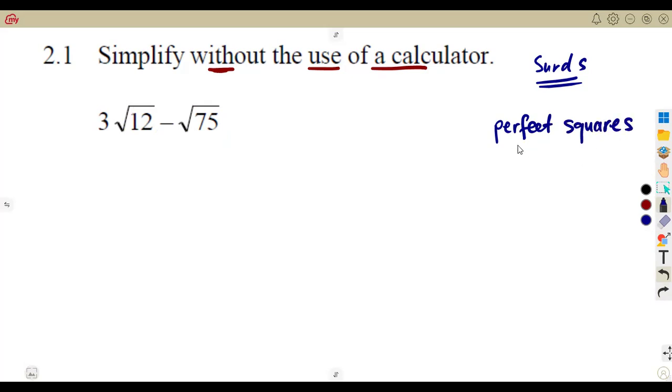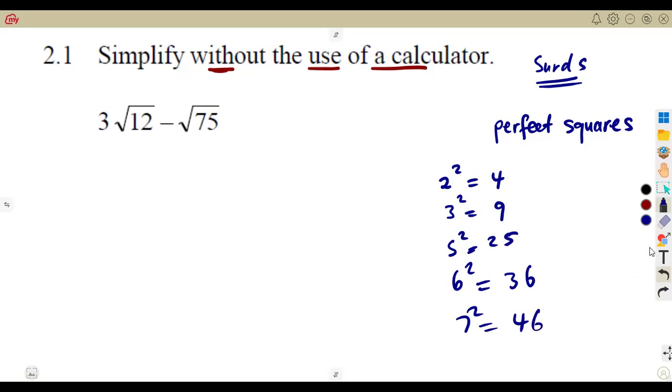Remember, 1 squared is 1, but you cannot talk of a 1. So you start from 2 squared, which is 4, 3 squared, which is 9, 5 squared, which is 25, and so on. These are the numbers, the perfect squares, that you're going to be working with in the simplification.